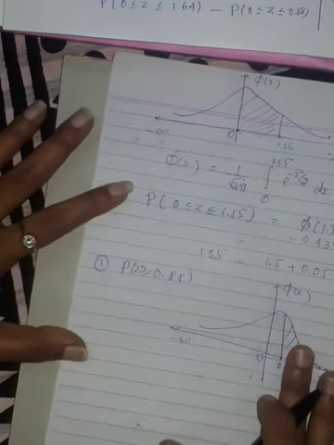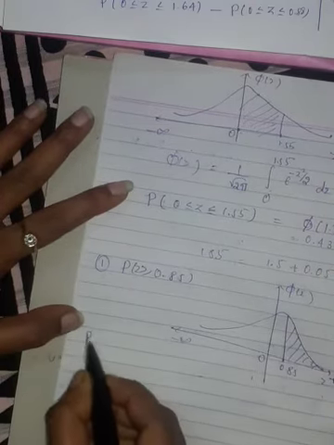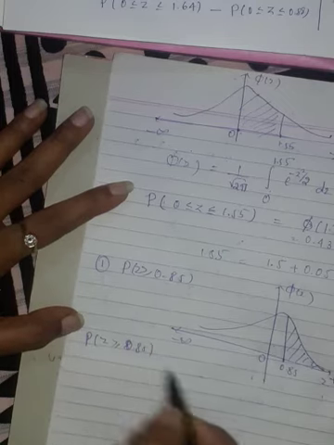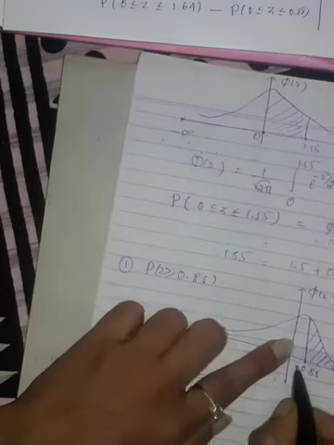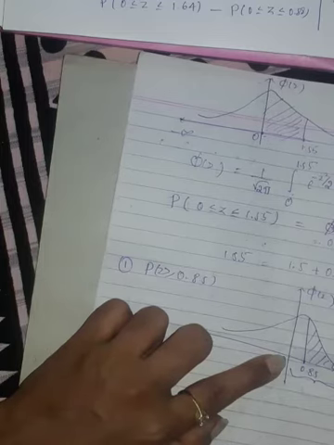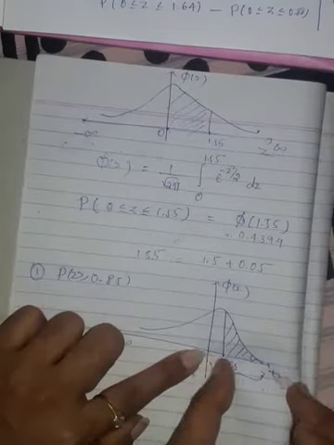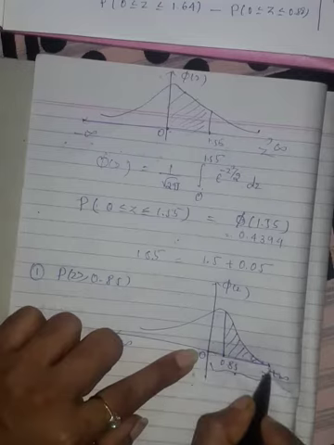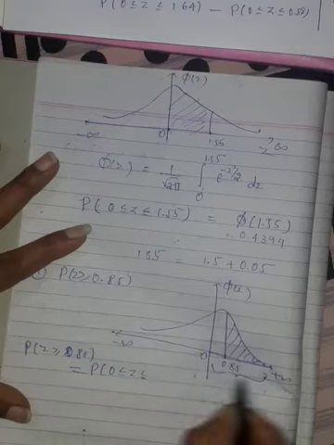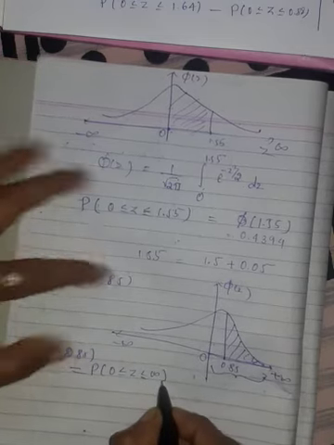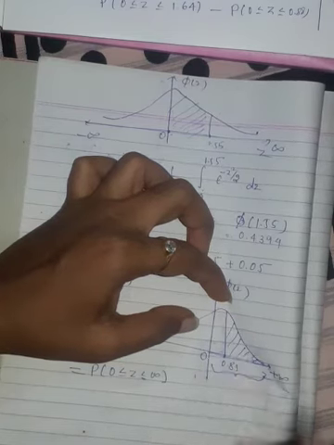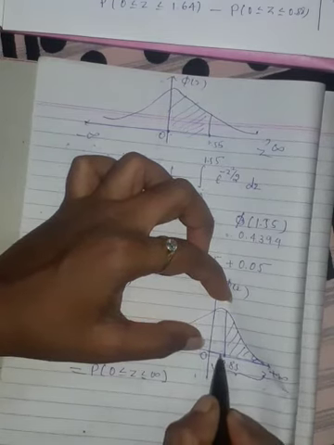So this can be written as probability of z is greater than or equal to 0.85 can be written as this total half area, that is from 0 to plus infinity, that is probability when 0 is less than or equal to z is less than or equal to plus infinity, minus this area, that is 0.85 to 0, this area.